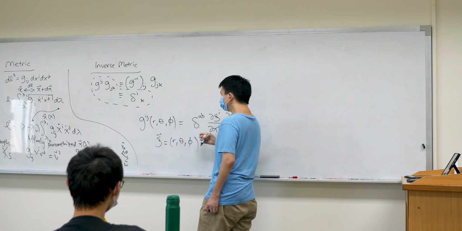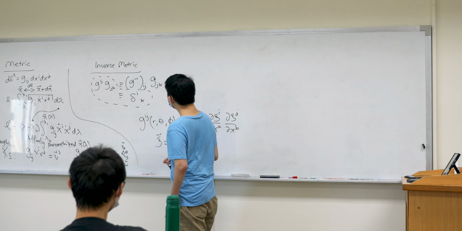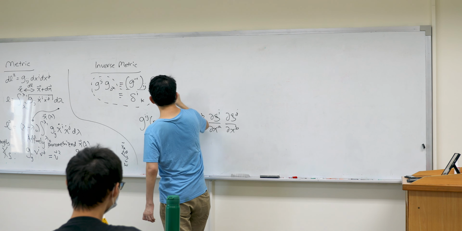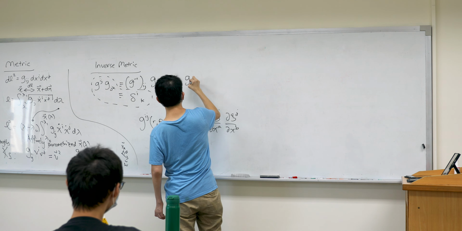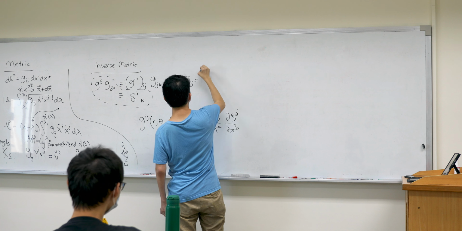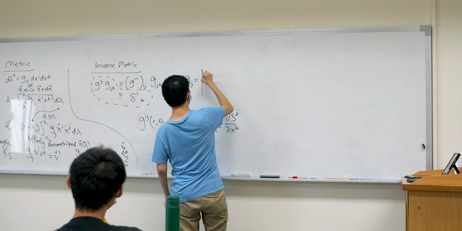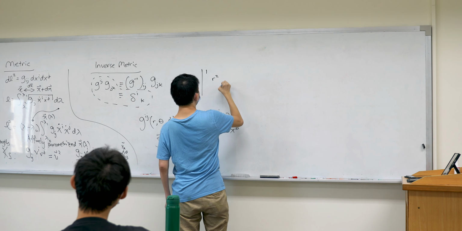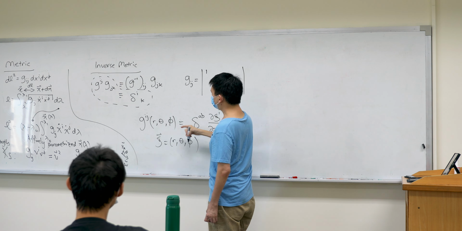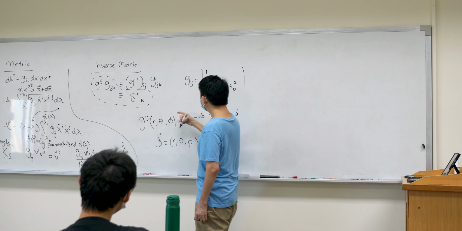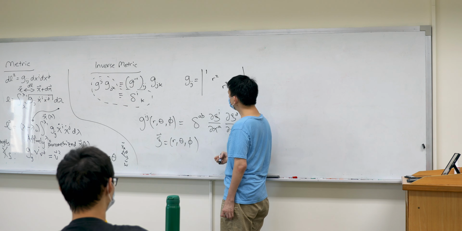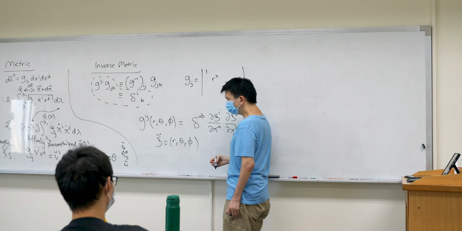So this is true if this is a tensor. But on the other hand, you already know what this is. For example, in spherical coordinates, you know that it is purely diagonal, so it's 1, r squared, r squared sine theta squared. So in other words, through this definition, you can easily find the inverse of this. I won't do it because the answer is in your homework.